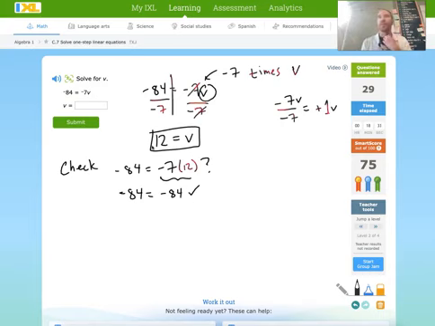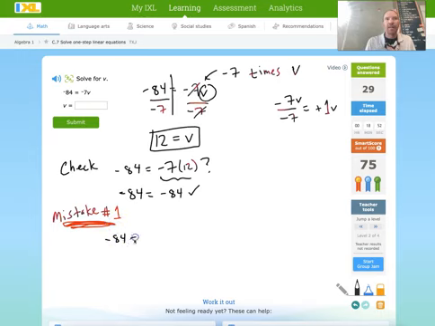We'll put this in, but before this goes away, I want to show you a couple mistakes that students will commit. Mistake number 1. Students will do this. They see that negative 7 and they just automatically want to add.